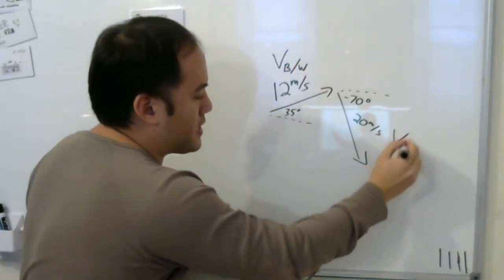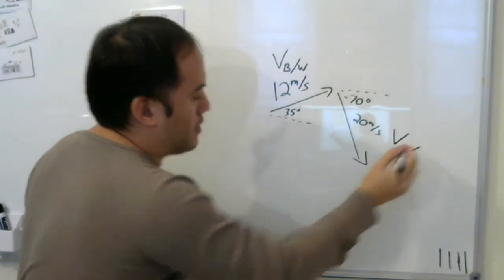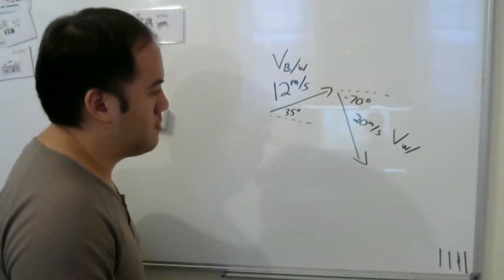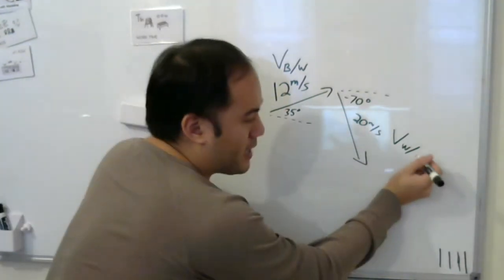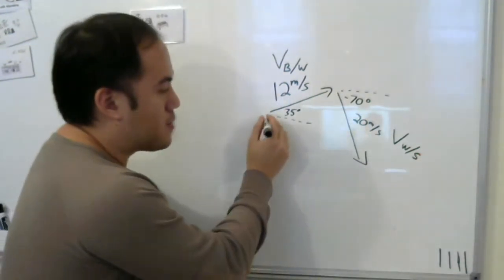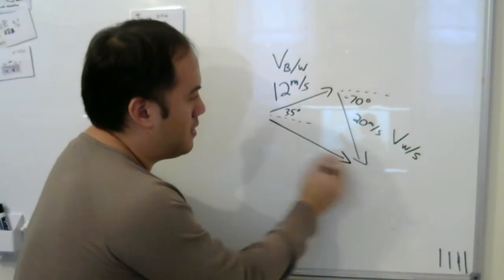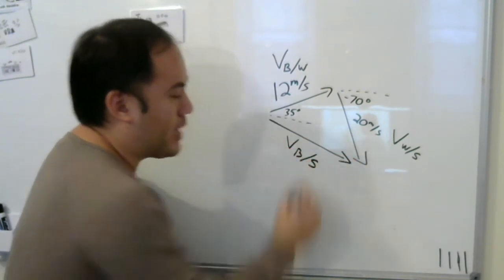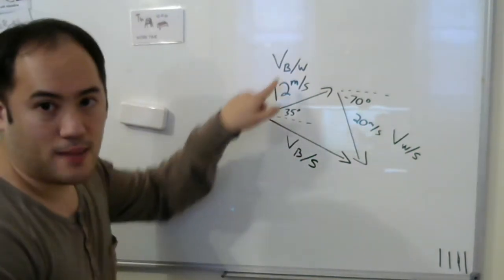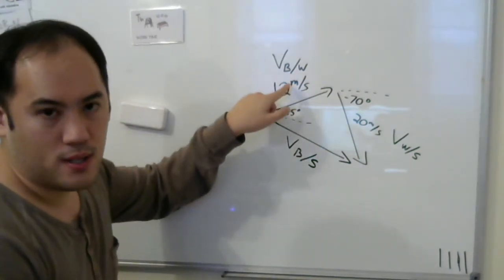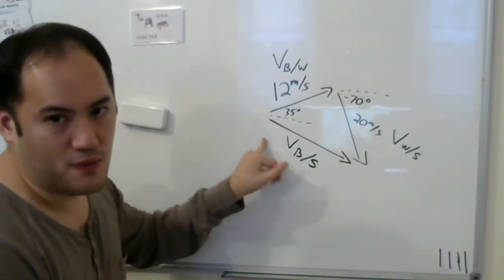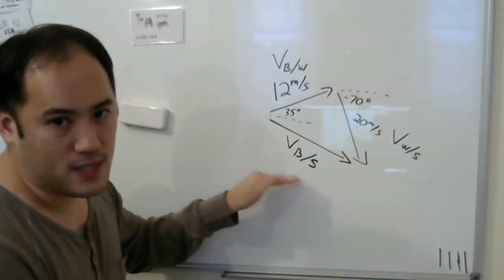But this is the velocity of the water relative to a stationary object. Then your total velocity, the velocity of the boat relative to a stationary object, is the vector sum: velocity boat to water plus velocity of water to stationary is the velocity of the boat relative to stationary.